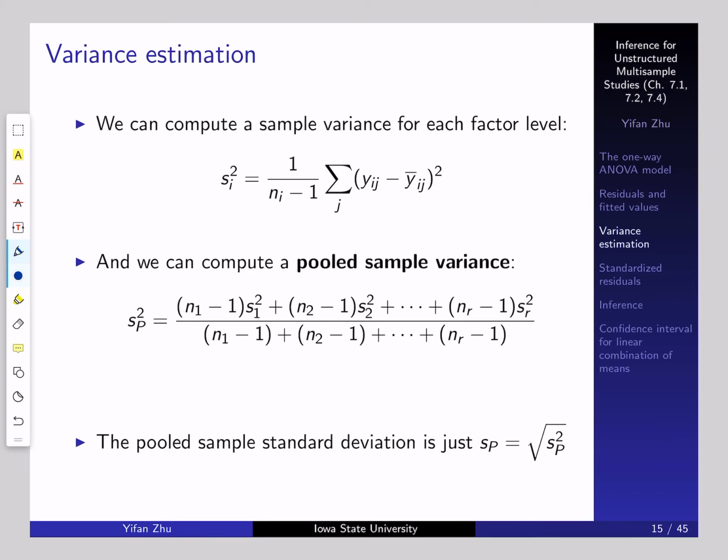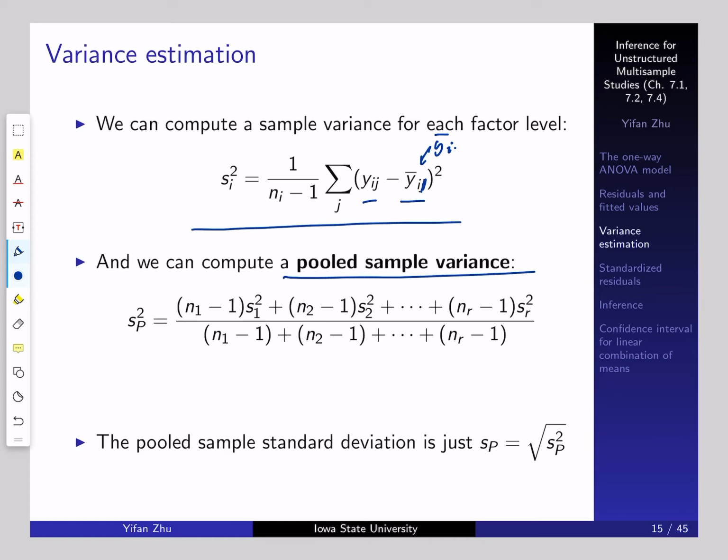The pooled sample variance is done by this. You first compute the sample variance for each factor level. So Si squared is the sample variance for the level i, and it is the sum of Yij minus Yi dot bar squared, divided by ni minus 1. So this is just the sample variance for the ith group. And you can compute the pooled sample variance in this way.